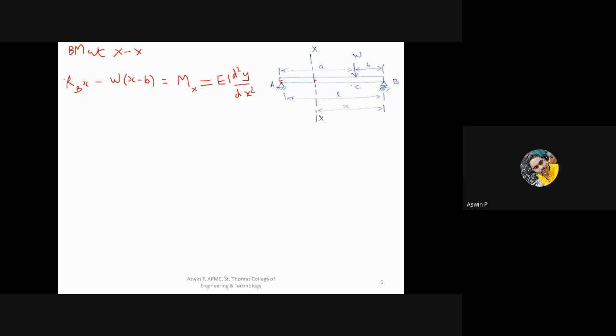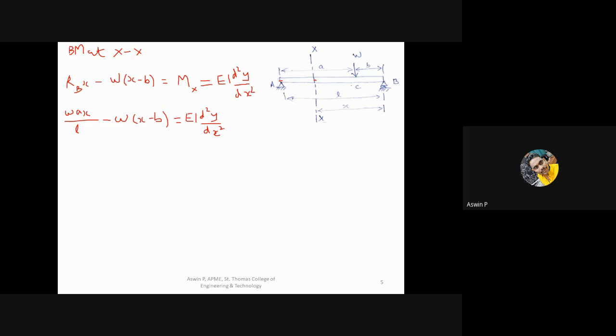RB is found as W into A divided by L. So when you substitute that, you will get WAX divided by L, since RB is WA by L into X, and here there will not be any change, so minus W into X minus B equals EI d square y by dx square. So we have an equation for bending moment.